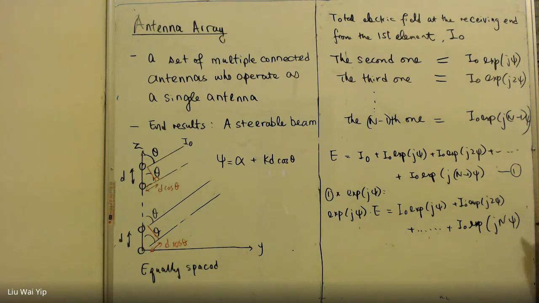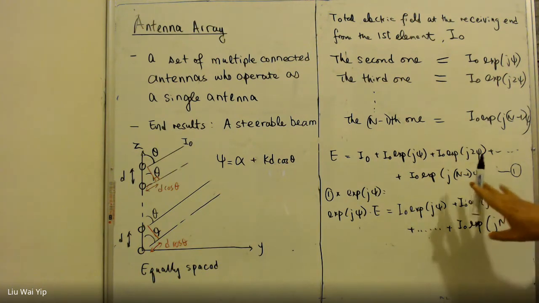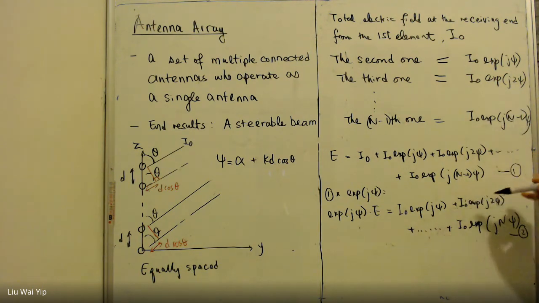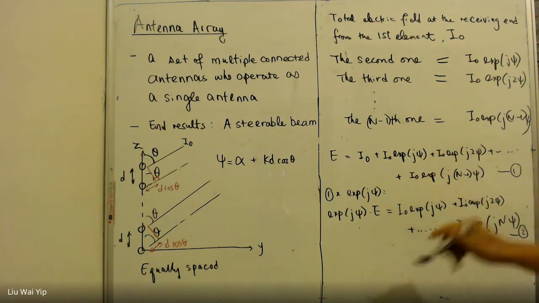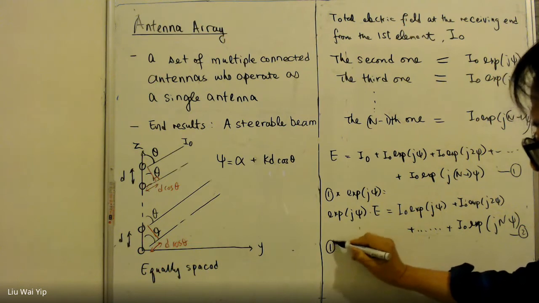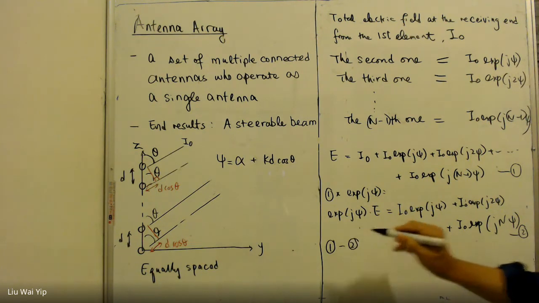So you have two equations here. And to solve this system of equations, you just have to find the difference between 1 and 2. So 1 minus 2, and let's see what's going on.